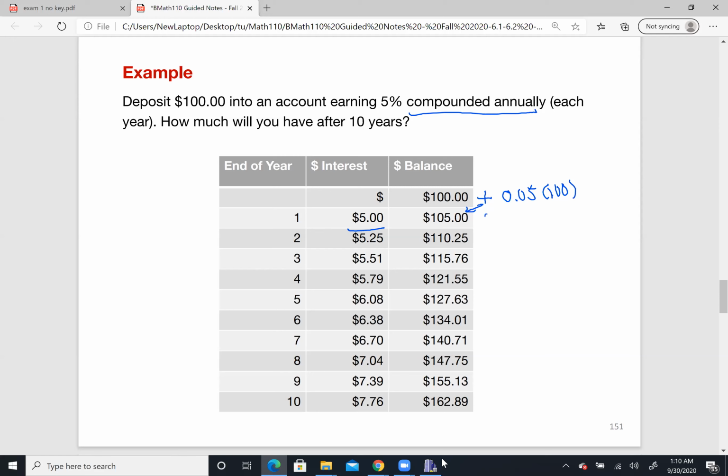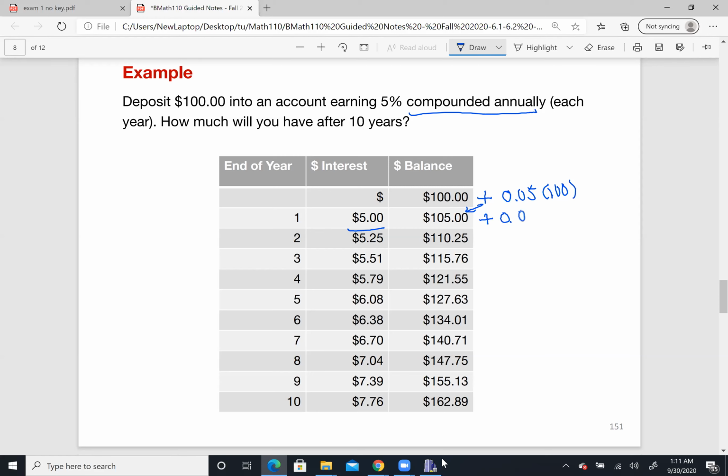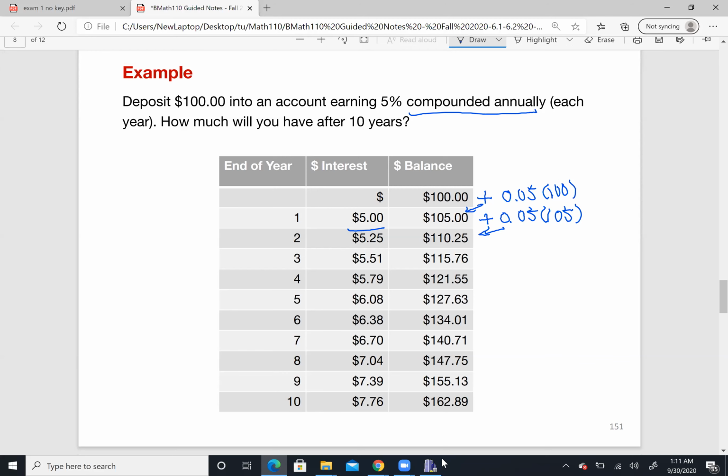Then keep doing the same thing: 105 plus 0.05 times 105. After 2 years, you get 110.25. It keeps going like that until the last amount, 162.89 for 10 years.